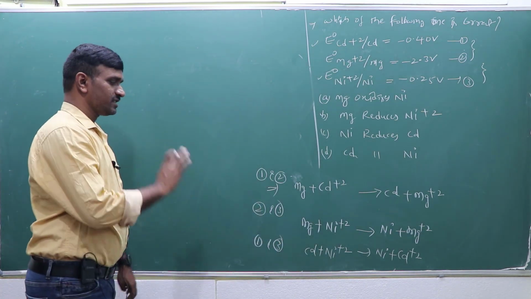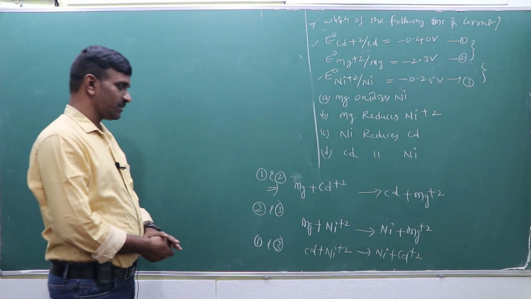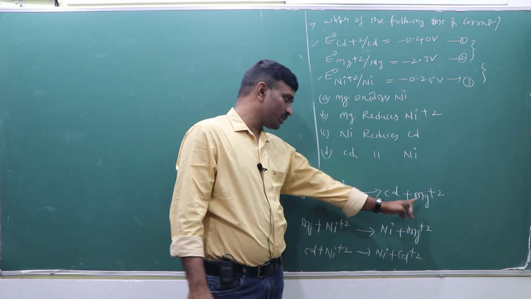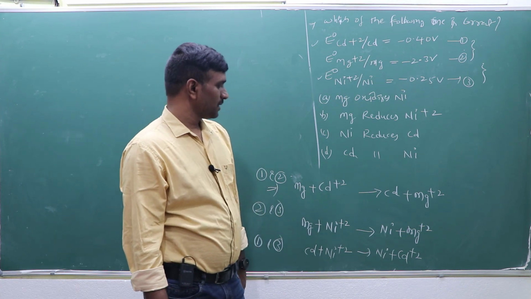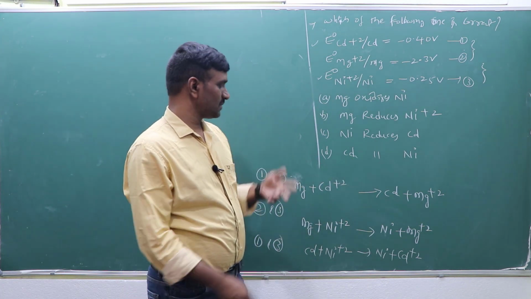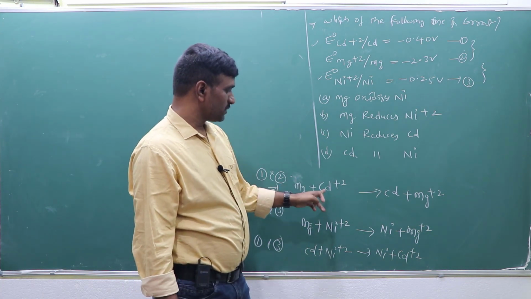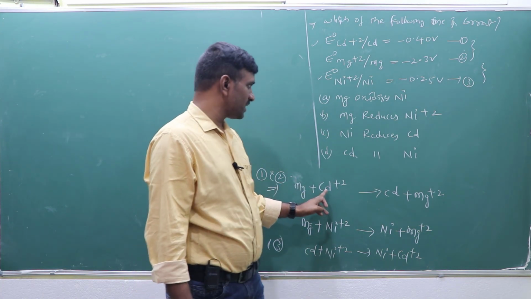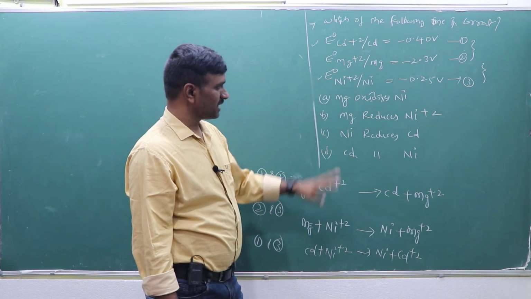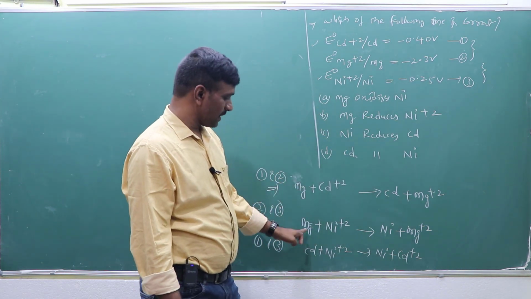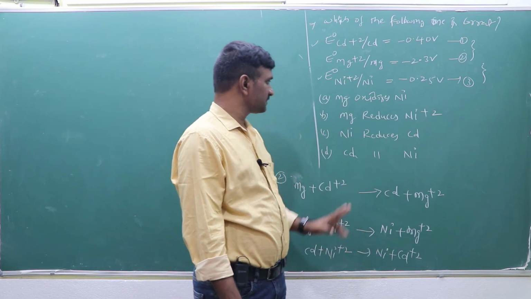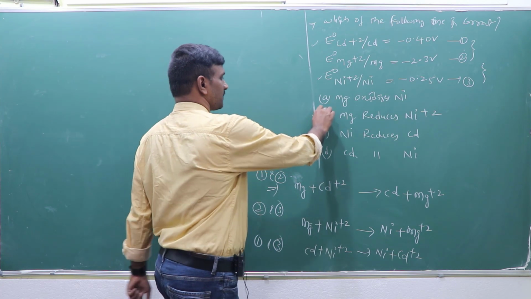Now, which of the following statements will be correct? The first statement: cadmium plus 2 oxidizes magnesium to magnesium plus 2. Right? So this is not there. Magnesium reduces Cd plus 2 to Cd. It is also not there. Next, magnesium reduces nickel plus 2 to nickel. So this is there.